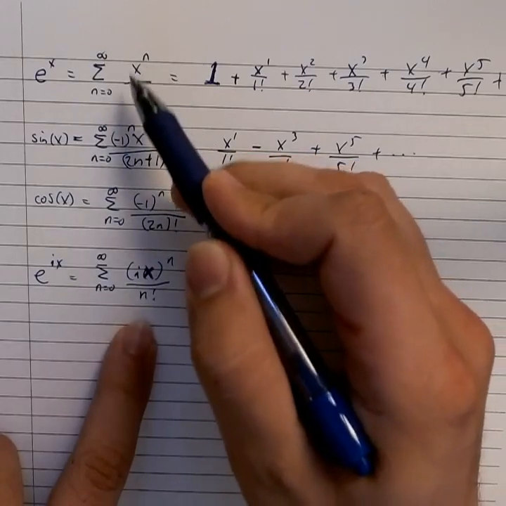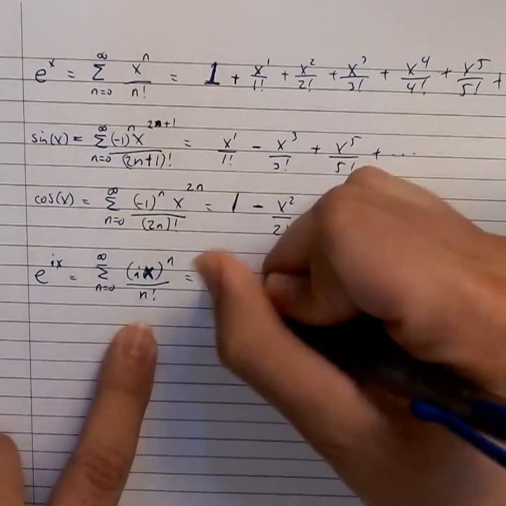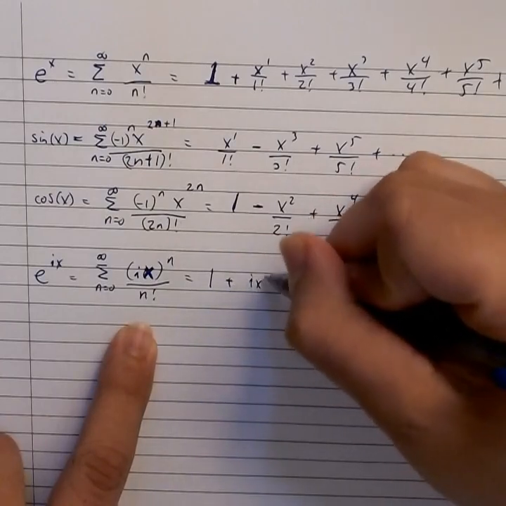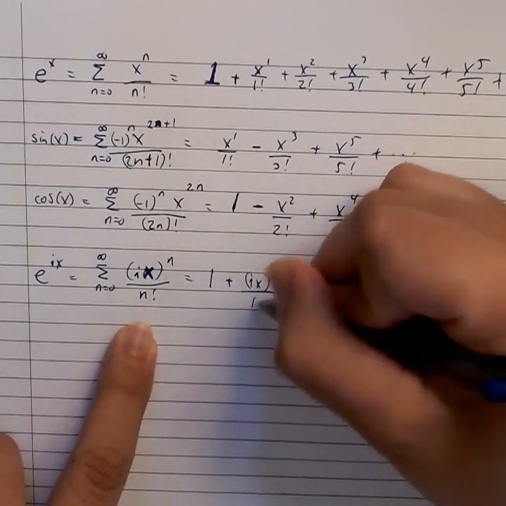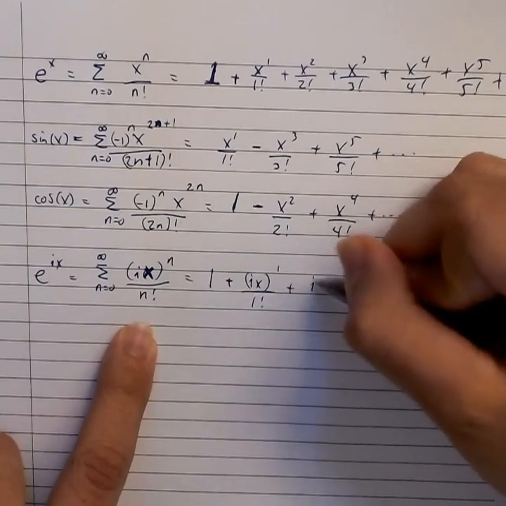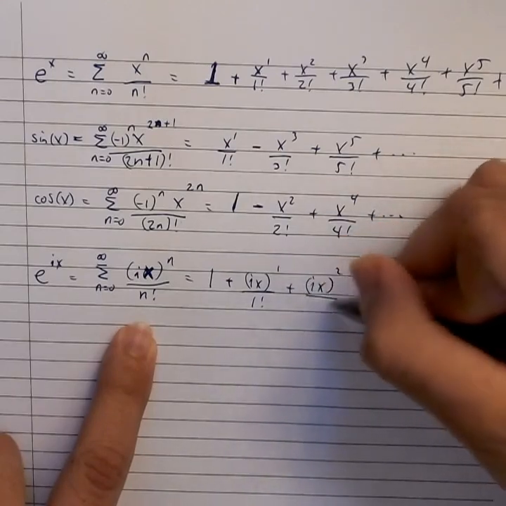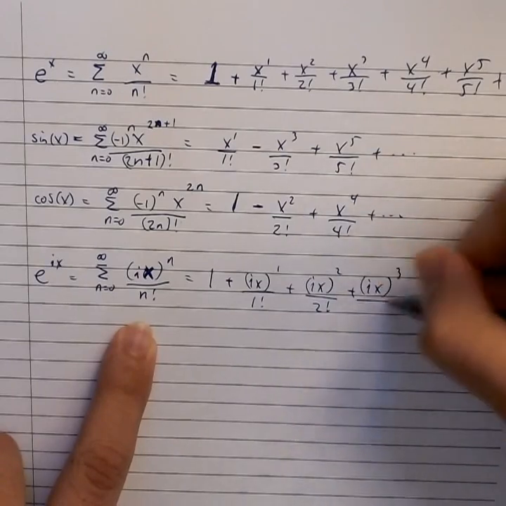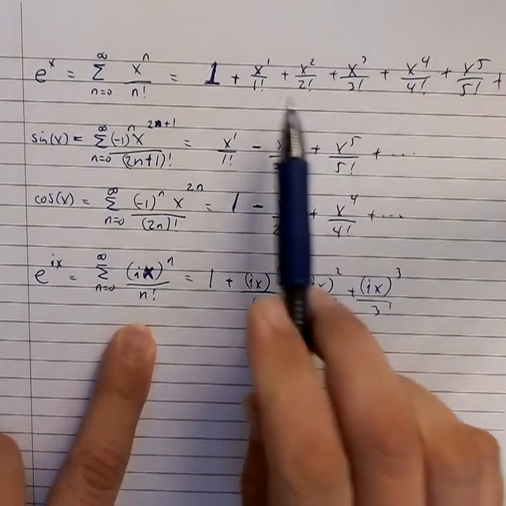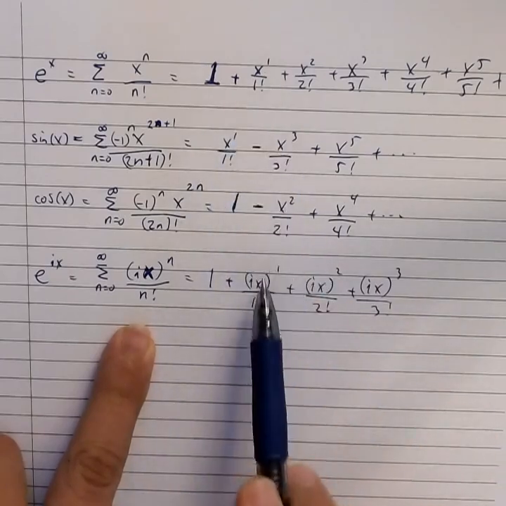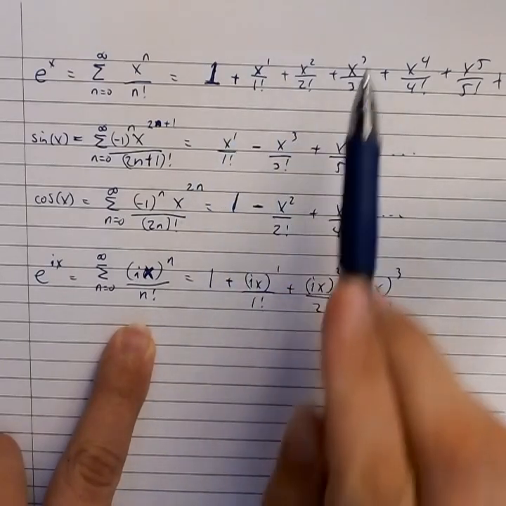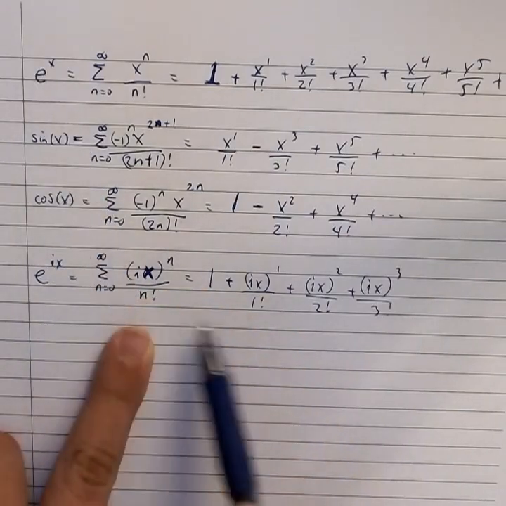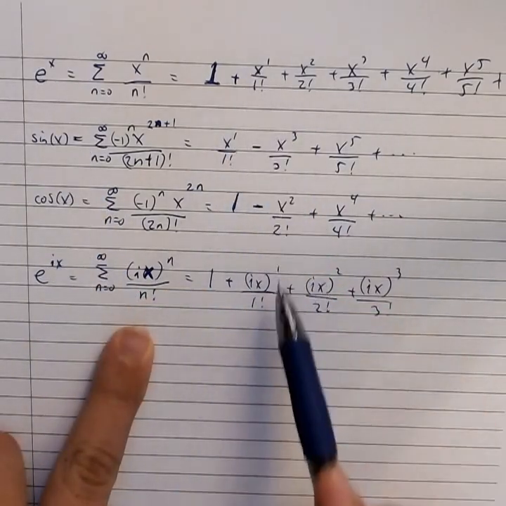So that's going to be 1 plus (ix) to the first over 1 factorial plus (ix) squared over 2 factorial plus (ix) to the third over 3 factorial. Notice I'm just taking that very first line, and instead of an x, I'm putting an ix. That's how these usually work, yeah? I'm replacing all of these x's with an ix.